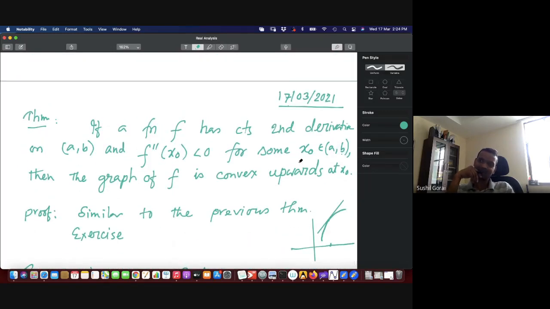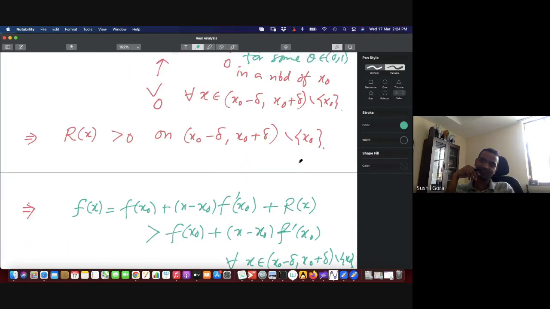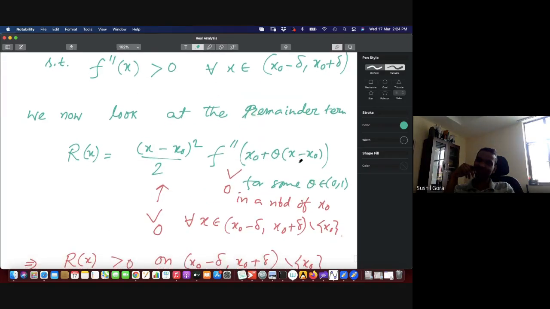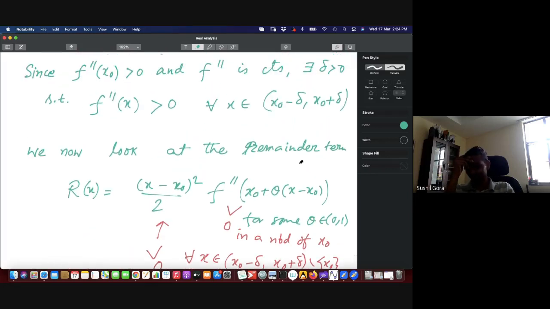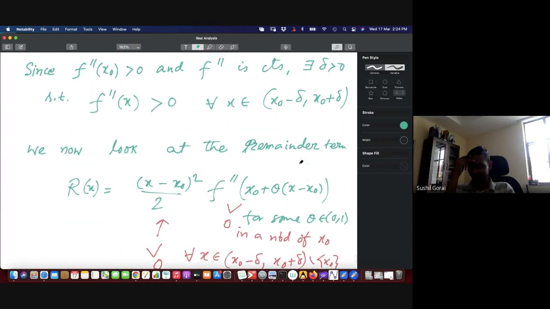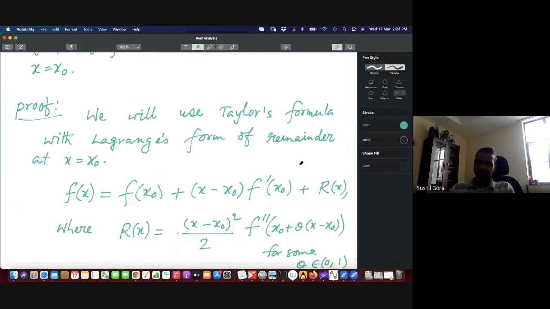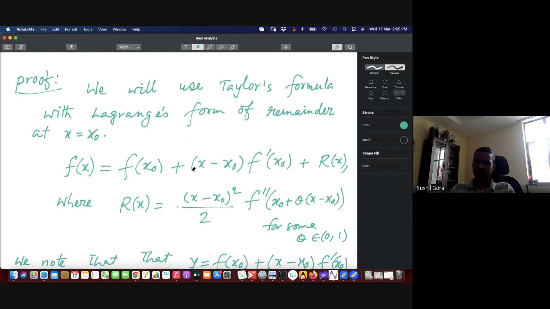The point is, continuity of the derivative is important, because see here how we proved it. The continuity of the second derivative comes from here.